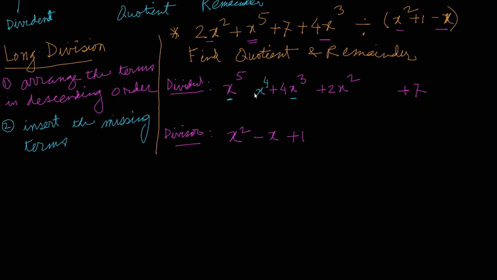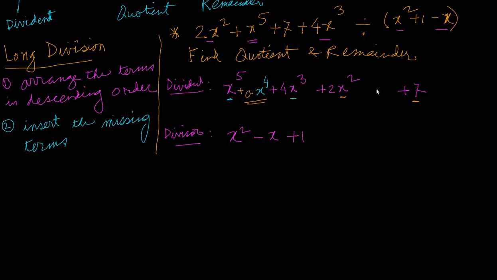So I inserted 0 multiplied by x power 4. I am not actually adding anything extra, I'm simply writing 0 multiplied by x power 4. Now see the next, x cube, that is fine. Then x square is also fine. After x square, I have a constant term, positive 7.